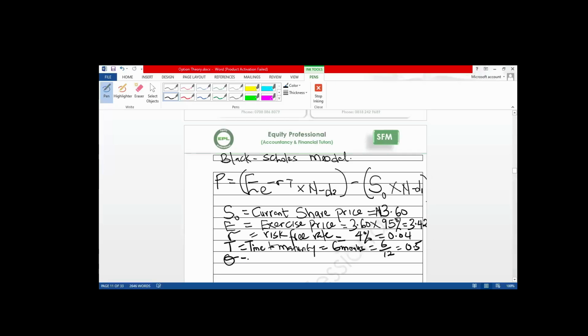Next is volatility, which is represented by standard deviation. Examiner says 13%. I usually tell students that this topic is not as hard.